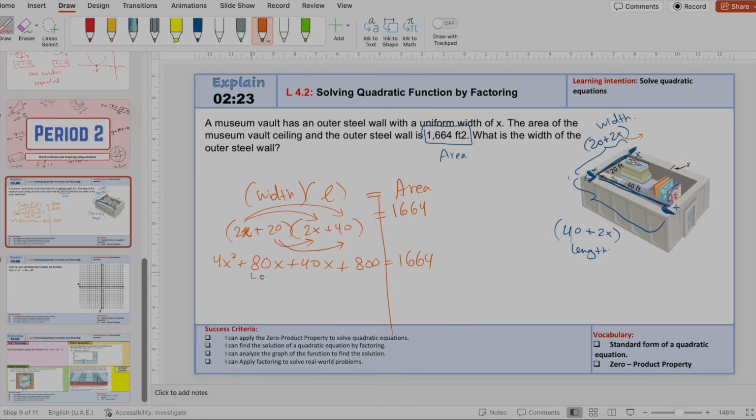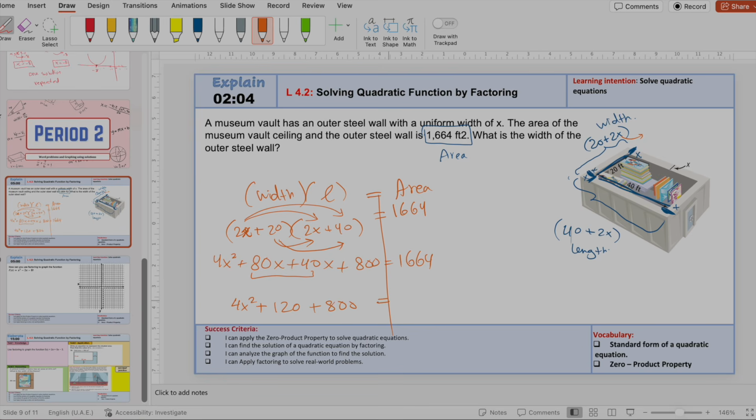And then combine these two together, you're going to get 4x squared plus 80x plus 40x is 120x. And then you're going to have 800.